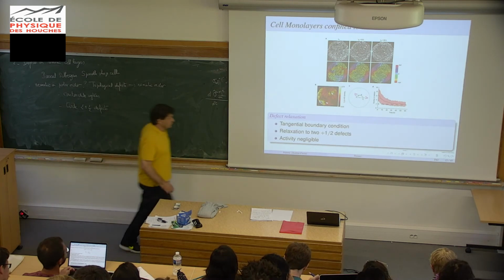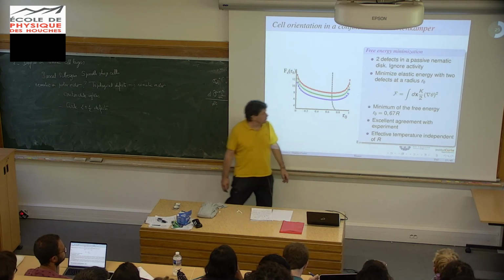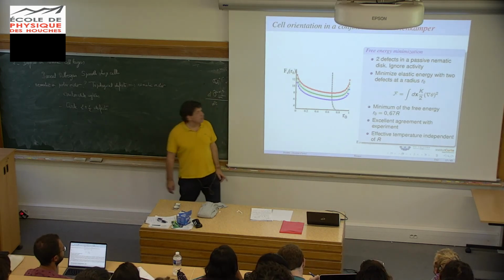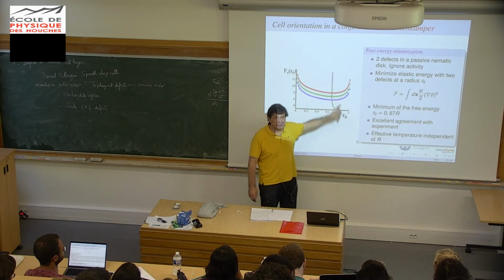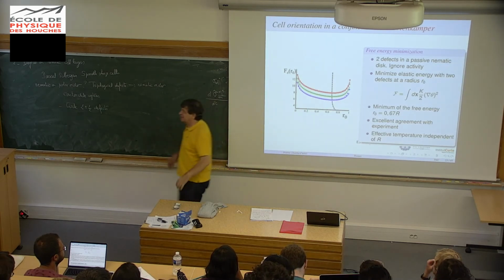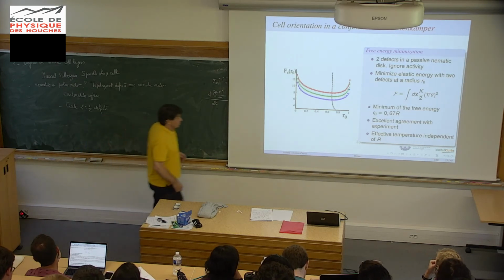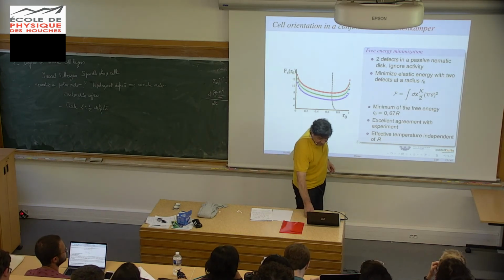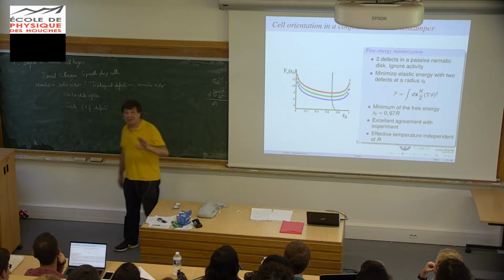They did another thing, which is that they looked at the fluctuations of the position of the defect. So you say there's a minimum of the energy, there's noise, so the position of the defects will fluctuate, and there is some kind of effective temperature that characterizes these fluctuations. Experimentally, if you do that, you find an effective temperature, with lots of uncertainty, which is the same for all radii.